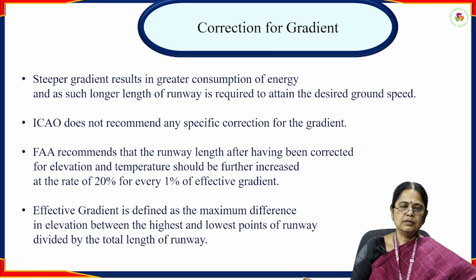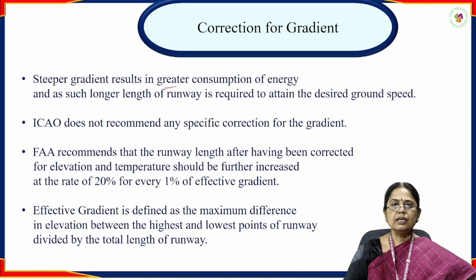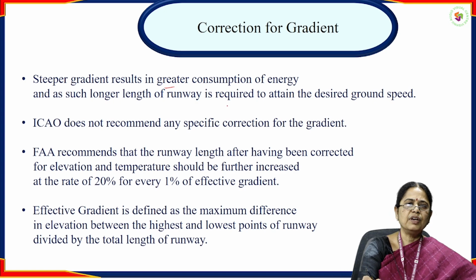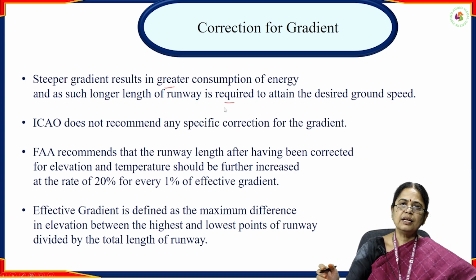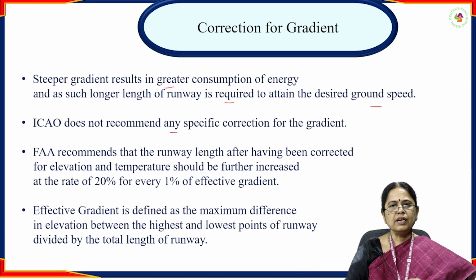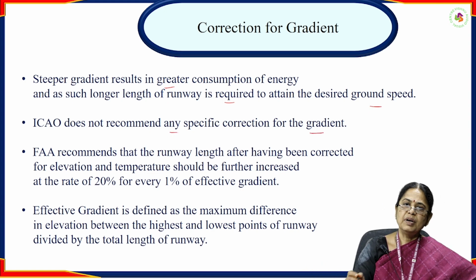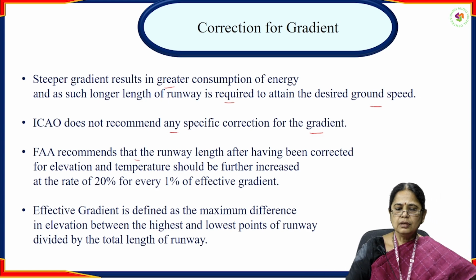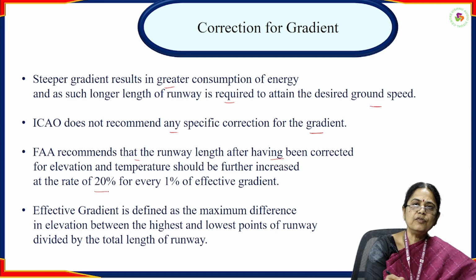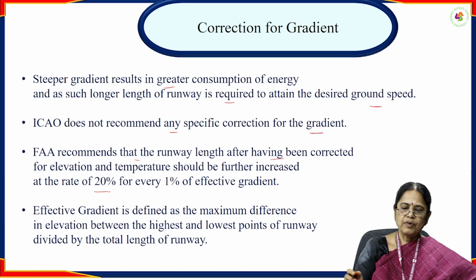Correction for gradient. Steeper gradients result in greater consumption of energy, and as such a longer runway length is required to attain the desired ground speed. ICAO does not recommend any specific correction for the gradient, but FAR recommends that the runway length, after having been corrected for elevation and temperature, should be further increased at a rate of 20% for every 1% of effective gradient.